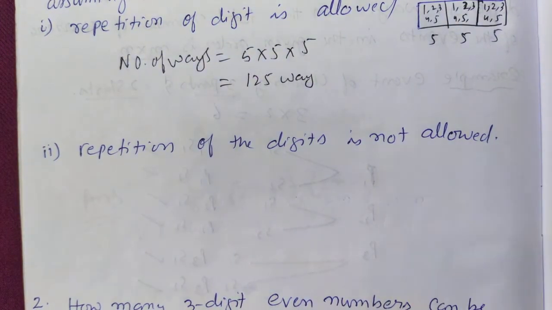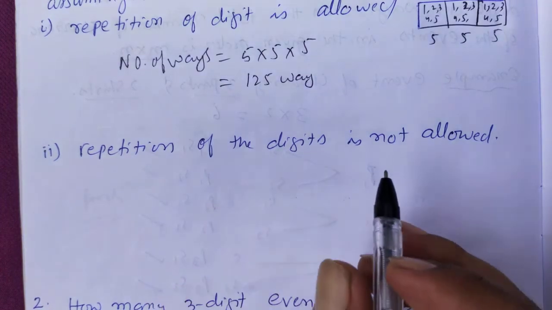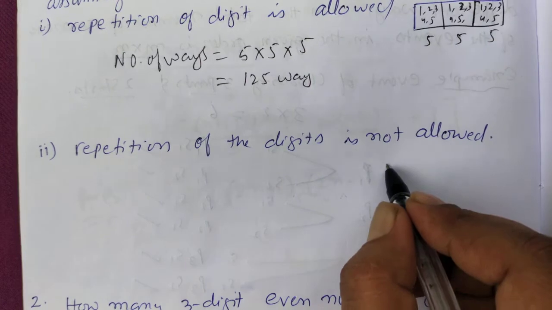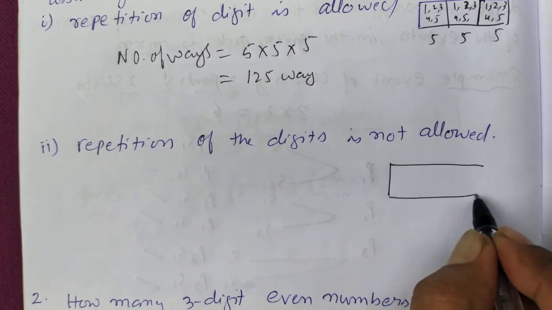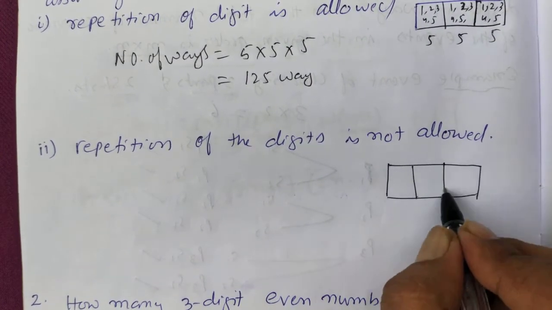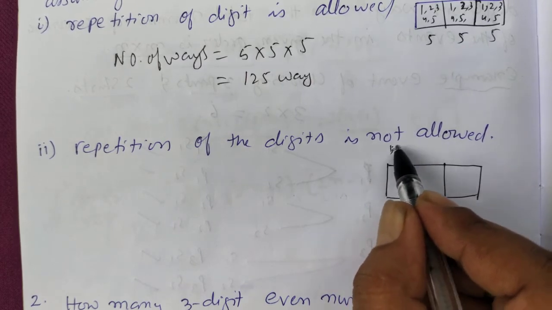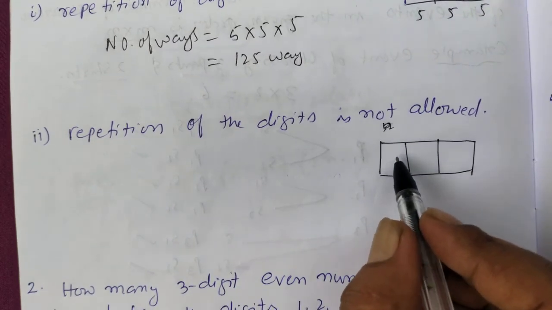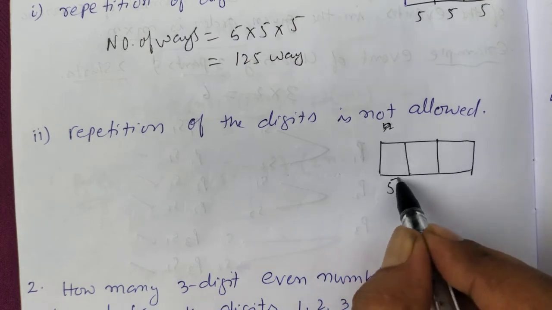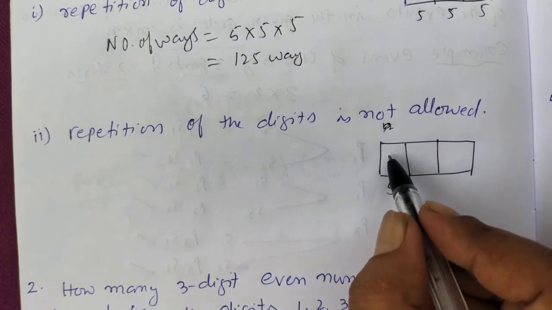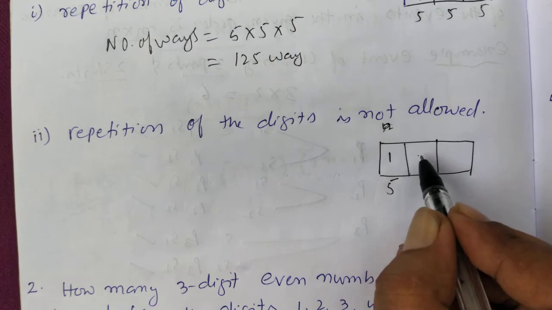When they say repetition of digits is not allowed, suppose out of 1, 2, 3, 4, 5, you can use all the numbers here, so 5 ways. But if you have used one number, suppose you have used 1, I cannot use 1 here.